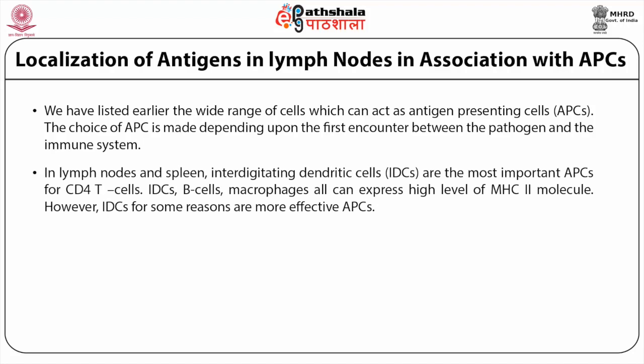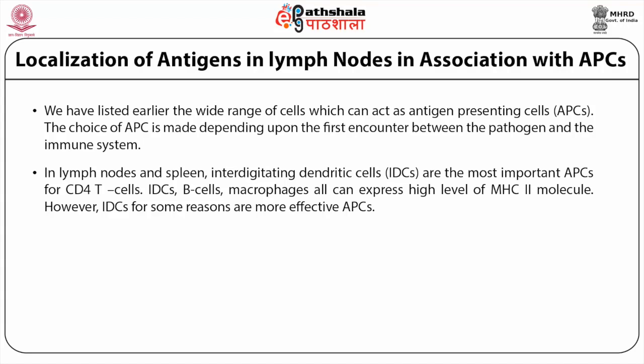In lymph nodes and spleen, interdigitating dendritic cells (IDCs) are the most common APCs for CD4 T cells. IDCs, B cells and macrophages all can express high levels of MHC class II molecules.